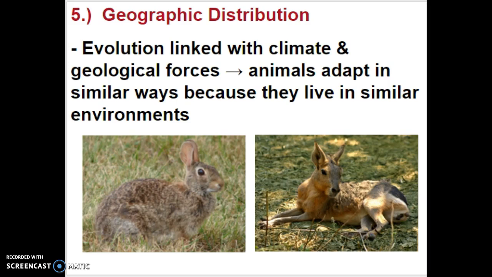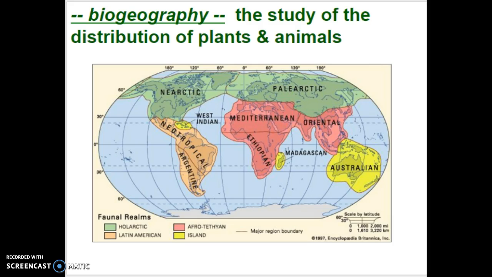The mara is more deer-like, but it lives in a forest environment much like the North American rabbit. They have similar feeding, reproductive, and foraging strategies because they live in the same general type of ecosystem. So we can study where plants and animals are on the planet, what's called biogeography, to find those links and connections to lines of descent.